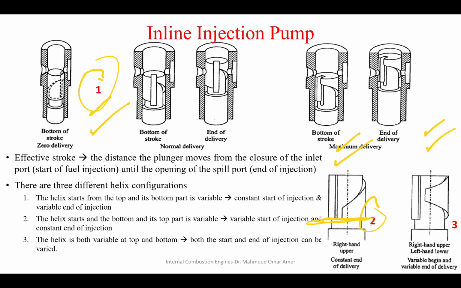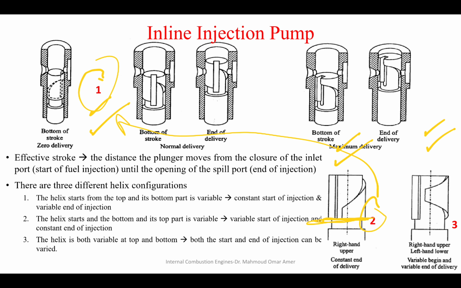If you replace it and put plunger 2 in its place, the injection timing will change. You will vary the start of injection and have a fixed end of injection, which will give bad operation to the engine. Okay, so these three shapes of plungers aren't interchangeable.